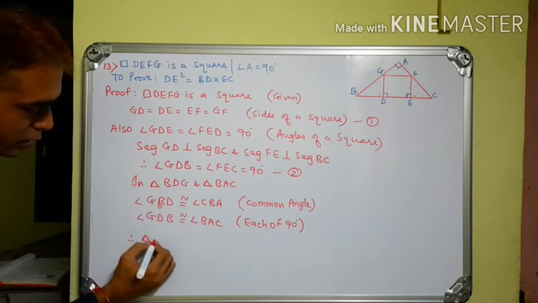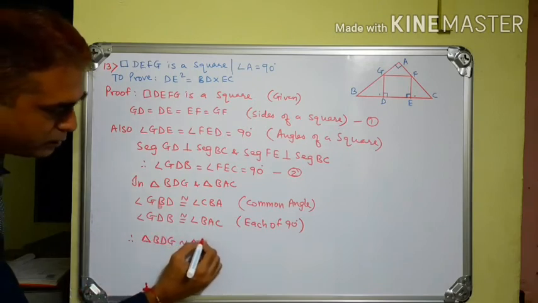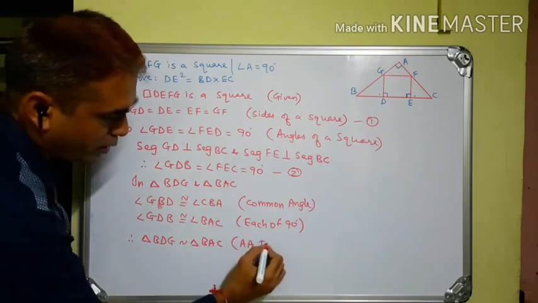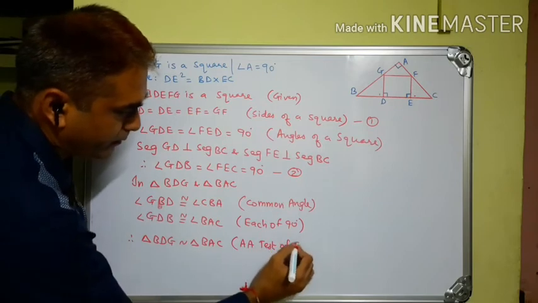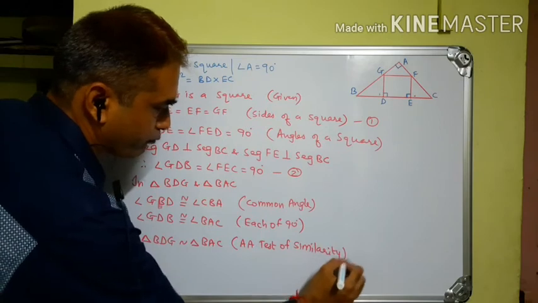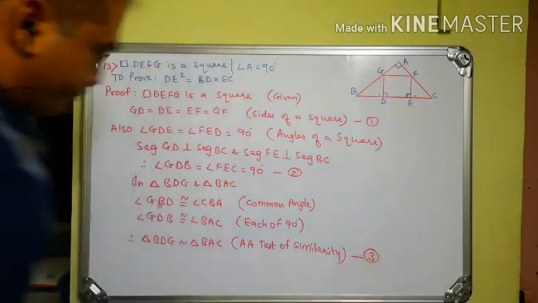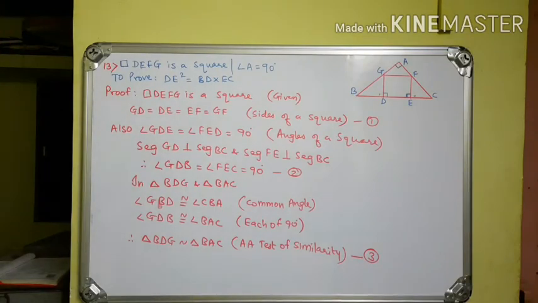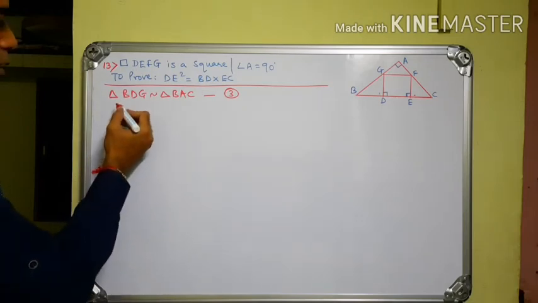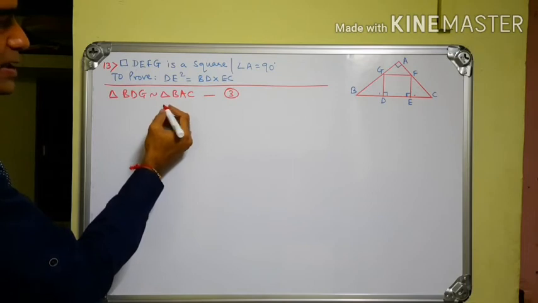Therefore triangle BDG is similar to triangle BAC. By which test? AA test of similarity. This is point number 3. We have proved triangle BDG is similar to triangle BAC.